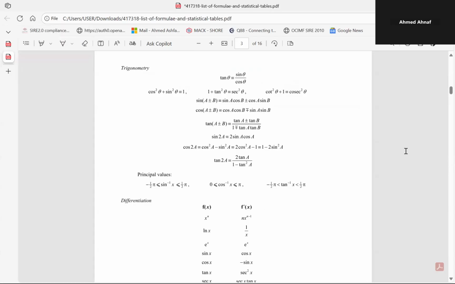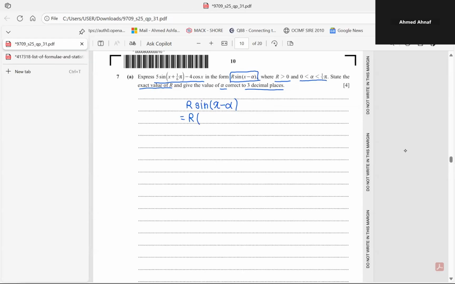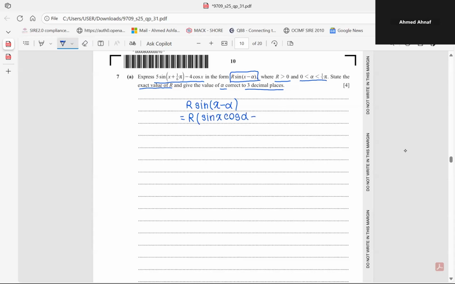So this is the formula I'm talking about. Sine A minus B equals sine A cosine B minus cosine A sine B. So here would be sine x cosine alpha minus cosine x sine alpha.